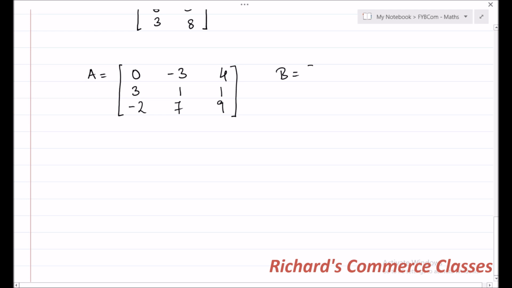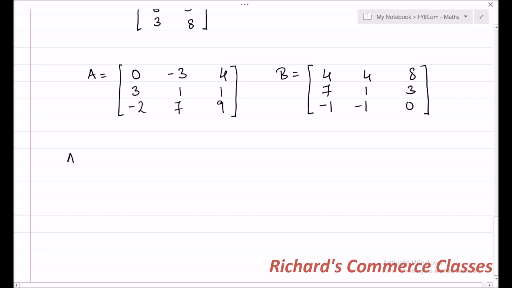And B is equal to 4, 4, 8, 7, 1, 3, minus 1, minus 1, 0. The same thing you have to follow for adding a 3 by 3 matrix.